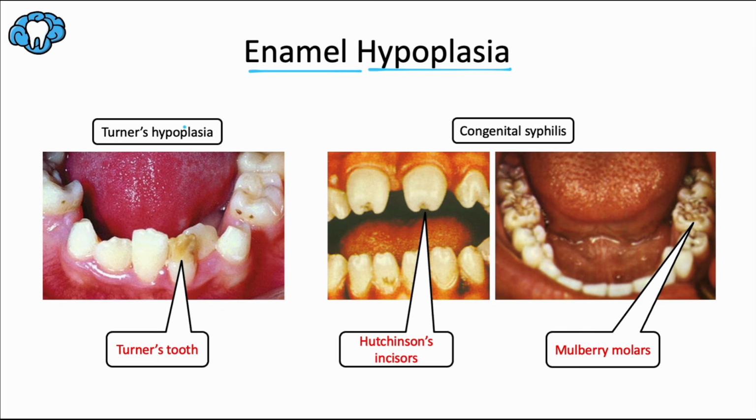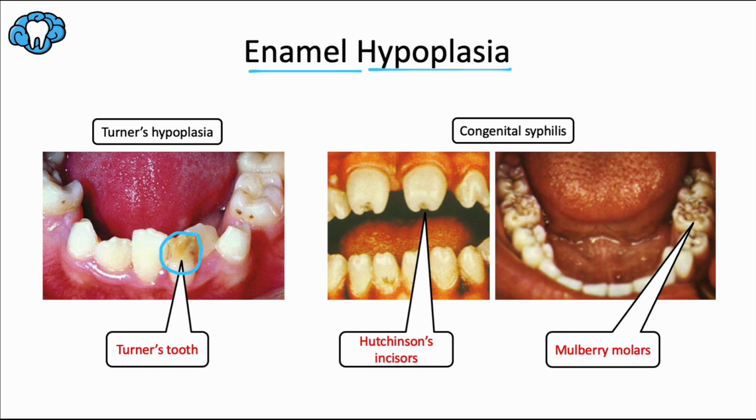With Turner's hypoplasia, the affected tooth is called Turner's tooth, and it has a yellow-brown discoloration on the facial surface, and this has to be a permanent tooth. Why? Because it's the direct result of a periapical infection or trauma to a primary tooth that caused an inflammatory response that messes up the ameloblasts of the developing permanent tooth underneath.